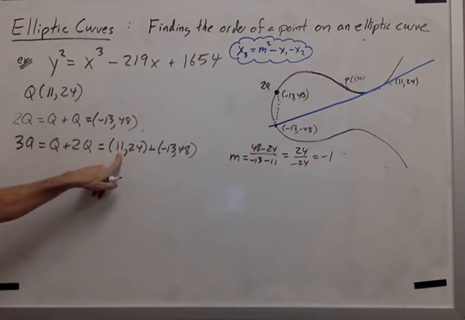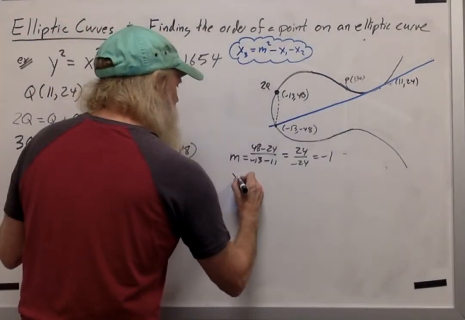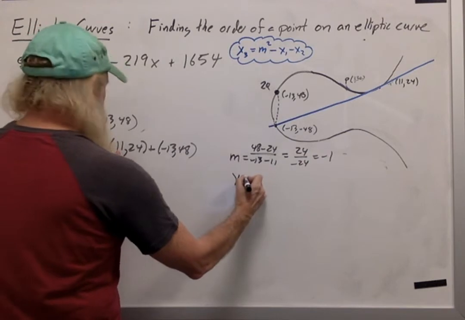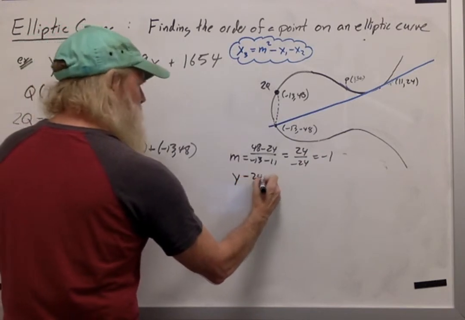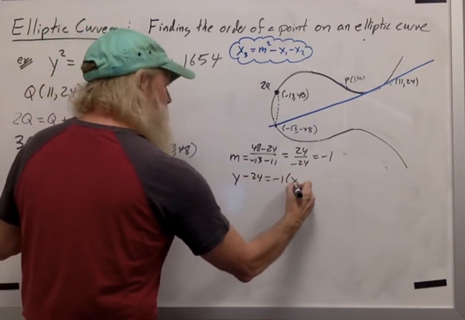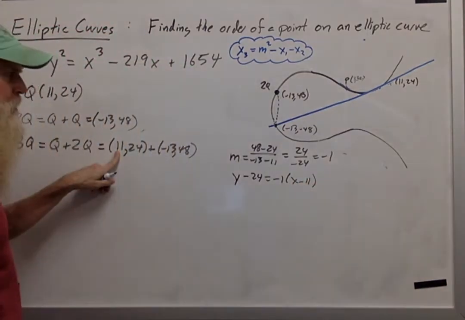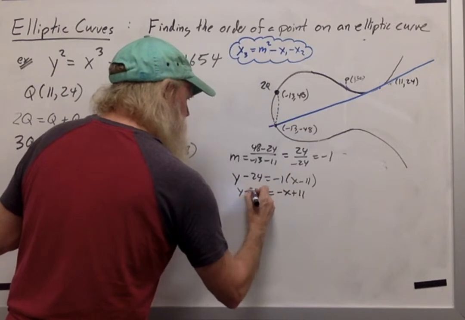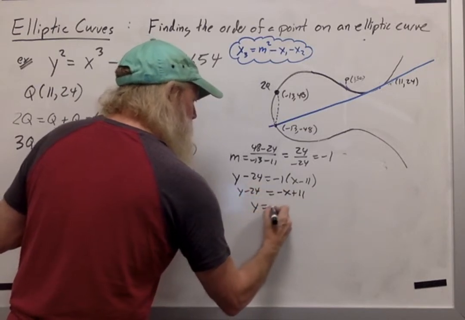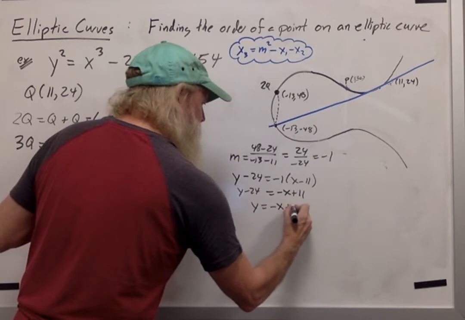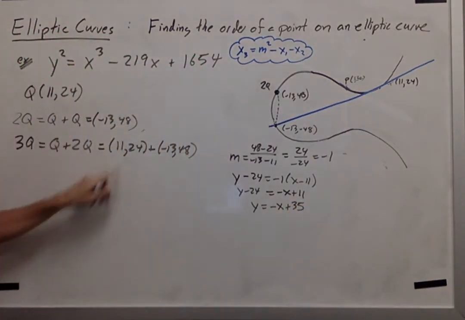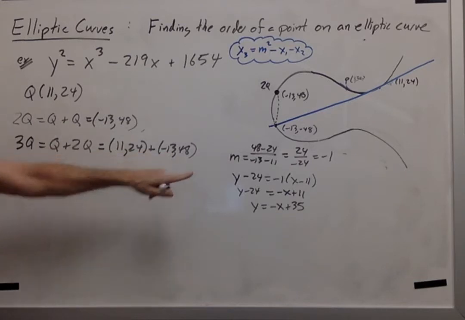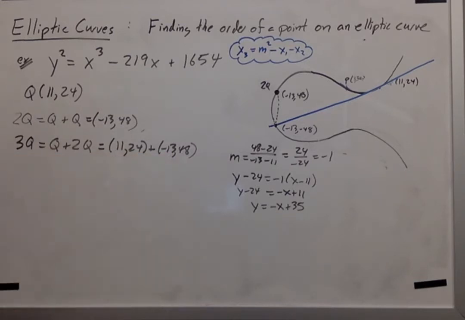So the equation for the line: I can use either of the two points. y minus 24 equals negative 1 times (x minus 11), which is negative x plus 11. So adding 24 to both sides, I see the equation for the line through Q and 2Q is negative x plus 35.